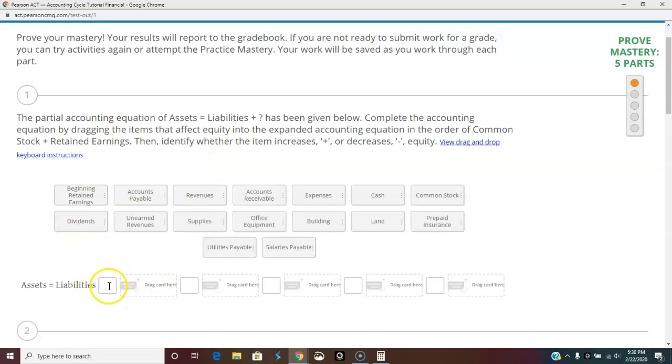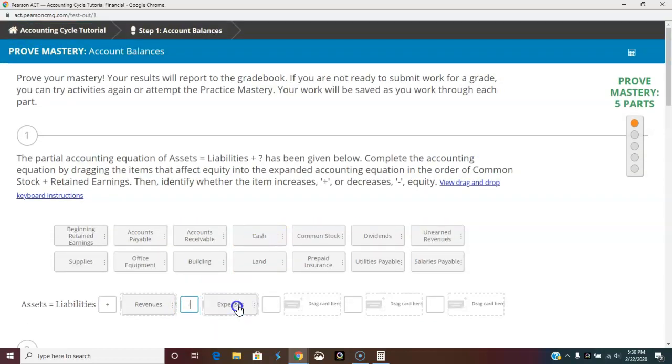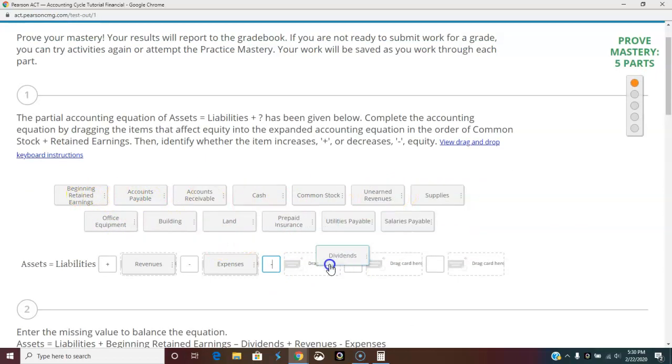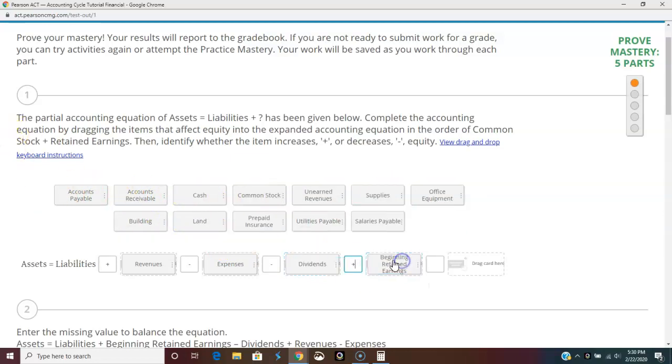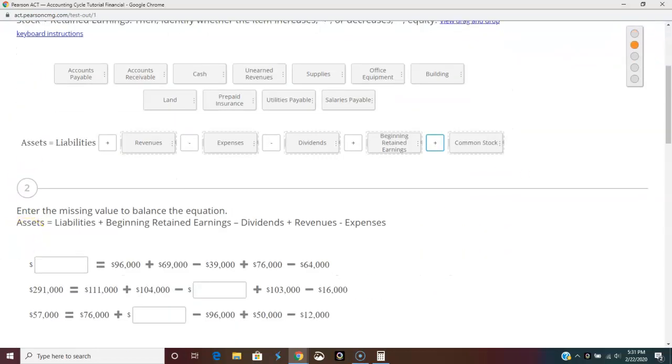So assets equal liabilities plus revenues minus expenses minus dividends plus beginning retained earnings plus common stock. That is the expanded equation.